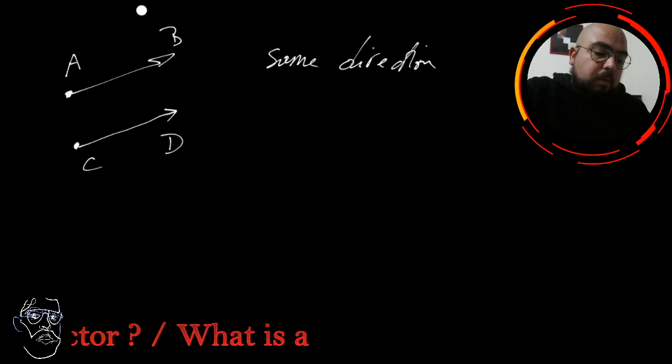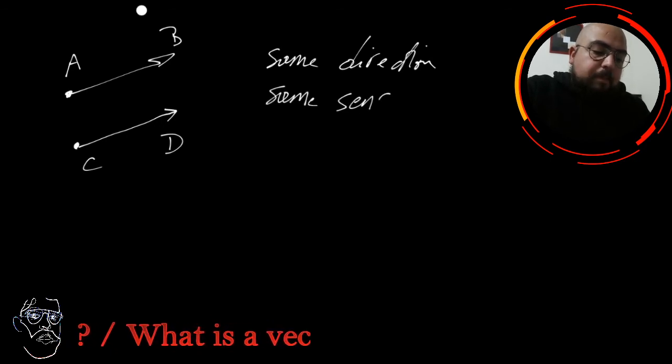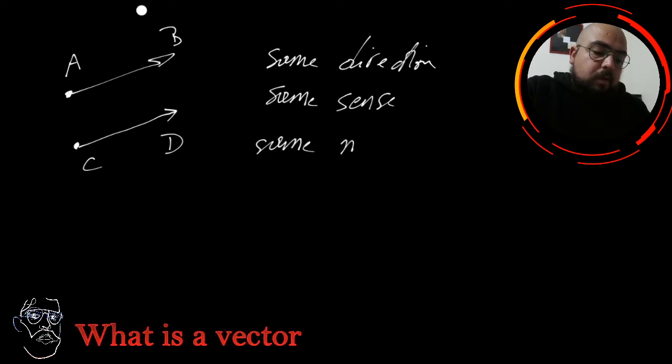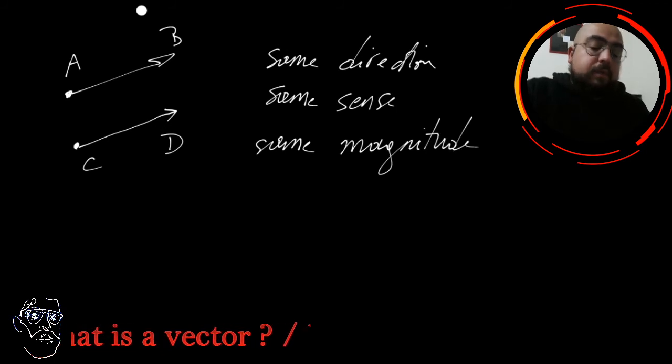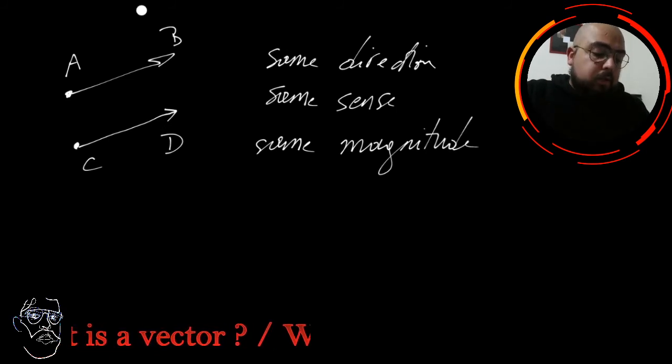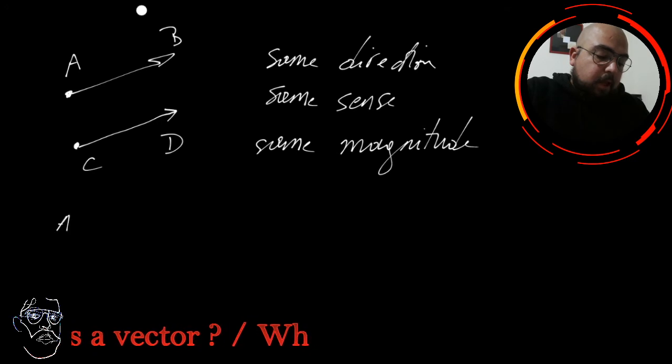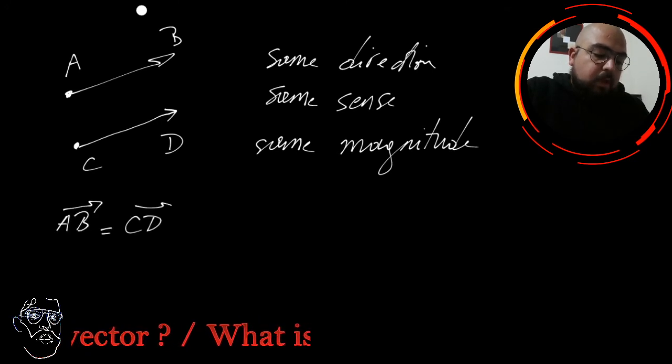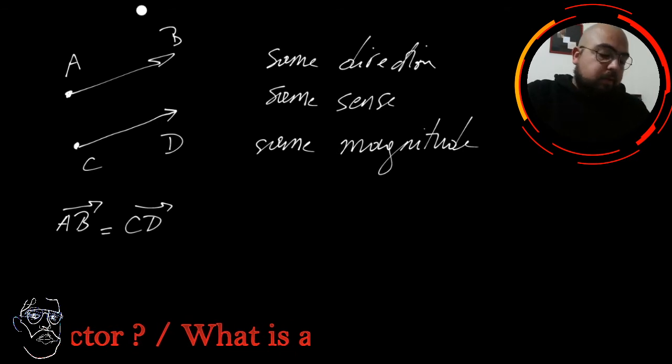They have the same orientation or the same sense and same magnitude. So since they have same direction, same sense, same magnitude, I can write down that AB is actually equal to CD. These two vectors are equal vectors.